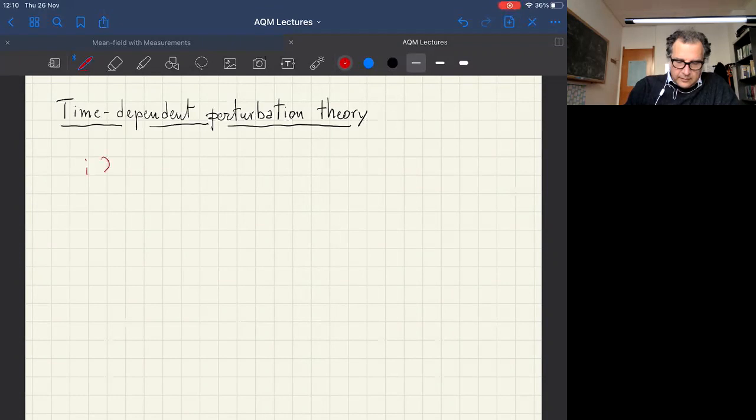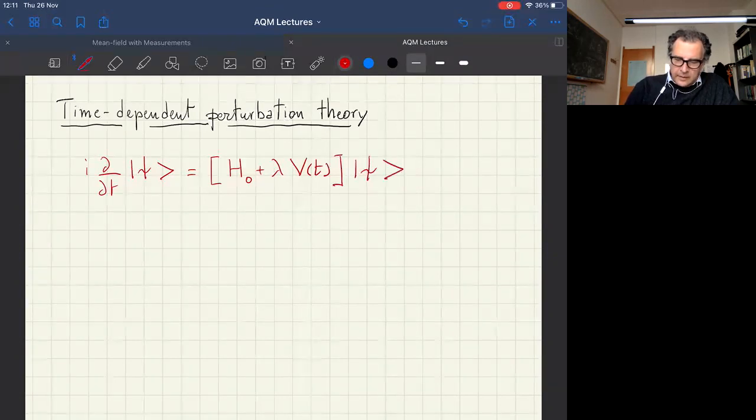So I have the time-dependent Schrodinger equation, okay, and I have some Hamiltonian that I write this way. Okay, so the important difference here is that now the perturbation is time dependent.